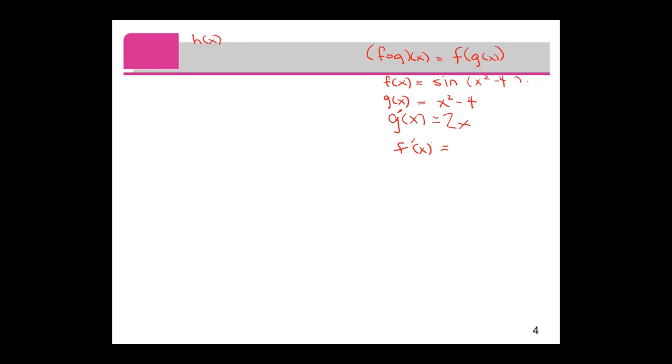Would it be cosine of x squared minus 4? Yeah, thank you. If I say that f of x is equal to that, this is not really true. Okay, I have a better way to write it. Sorry, I don't mean to confuse you. As you can see, this is not my favorite way to do chain rule. So this would be f prime of g of x. That would be more in sync with what that formula is. Okay?